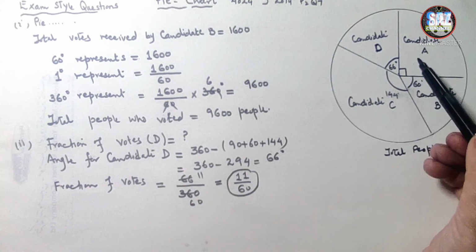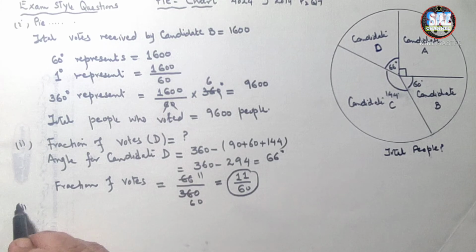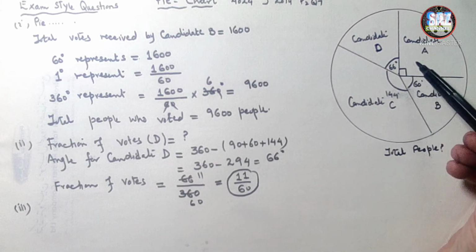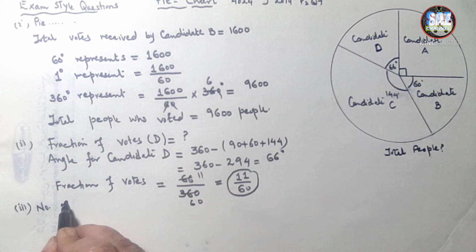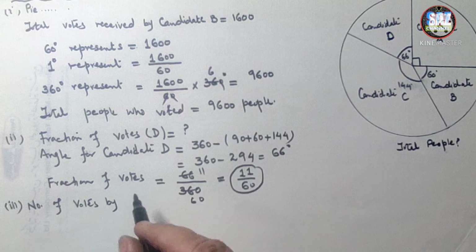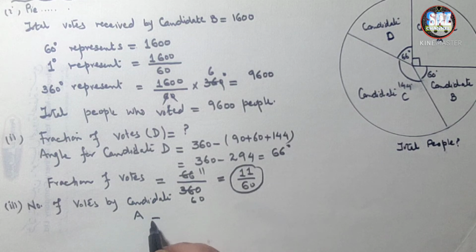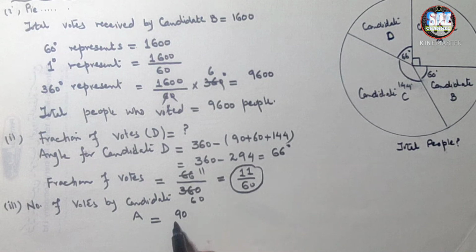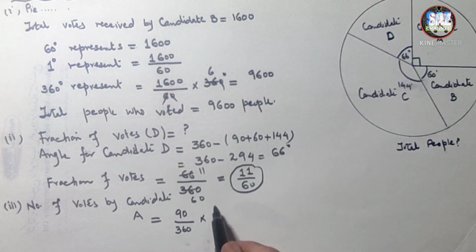Now we have to find the difference between the votes of candidate A and candidate C. So for that purpose, first of all, we have to find how many votes are received by candidate A. So the number of votes received by candidate A will be equal to 90 divided by 360 multiplied by the total we got in the previous part, that is 9600.